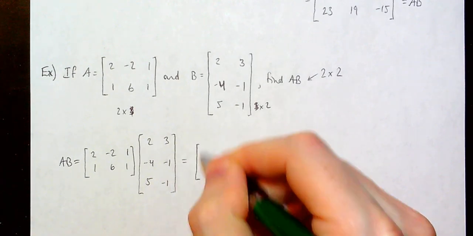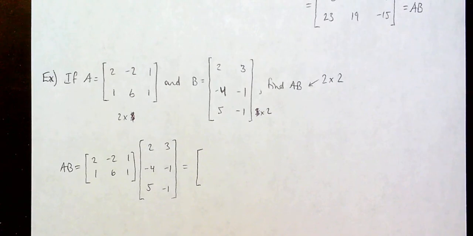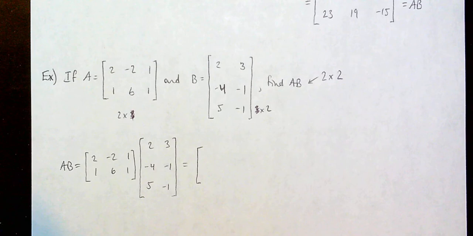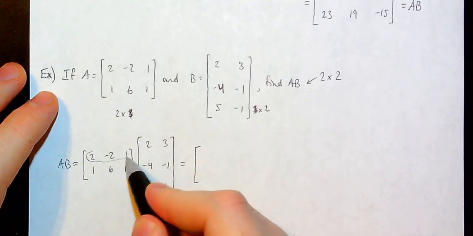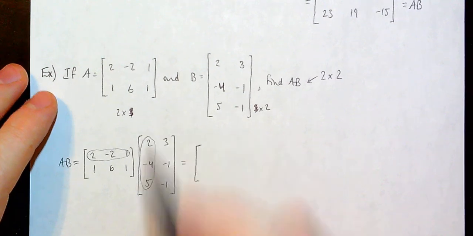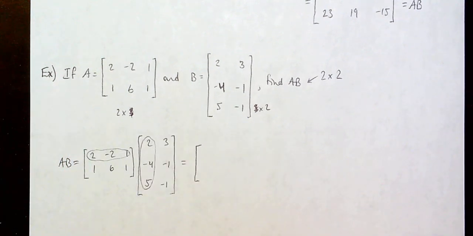I want the number in my first row, first column. I need to work with the first row of the first matrix and the first column of my second matrix. Pardon me. We are going to multiply the firsts.